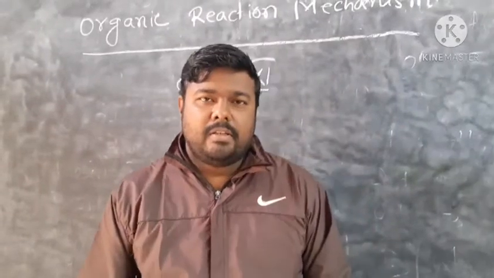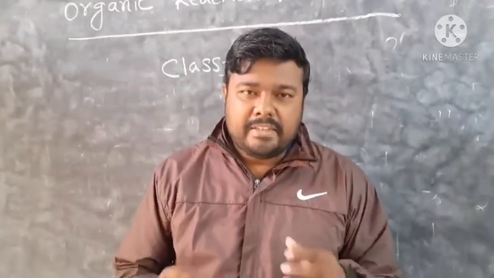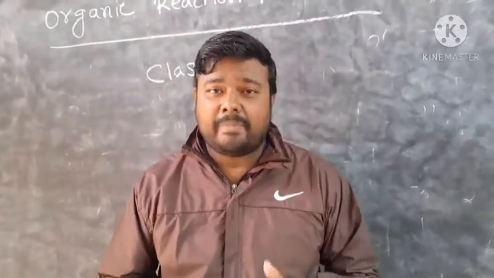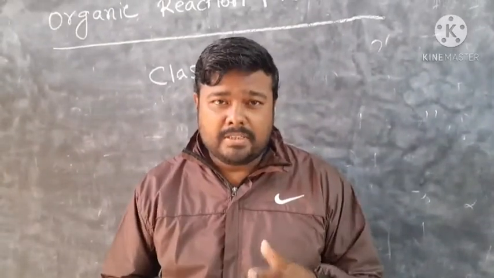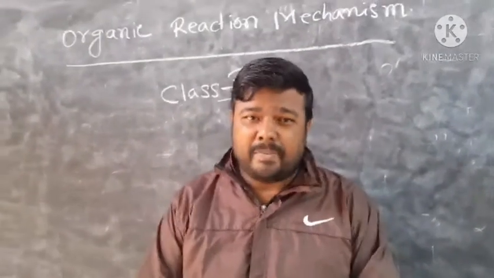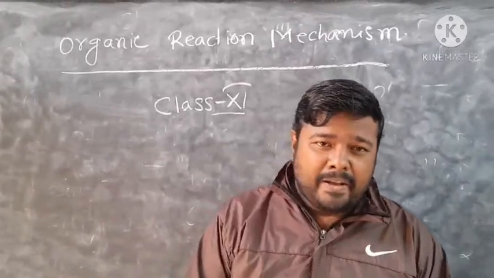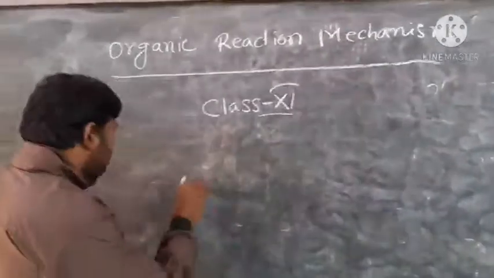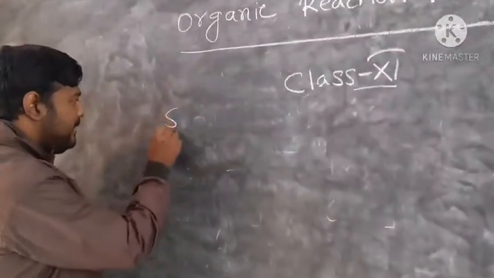Students, today in this video I shall discuss the organic reaction mechanism, that means how an organic reaction takes place. At first, I am showing the flow chart of the organic reaction mechanism.